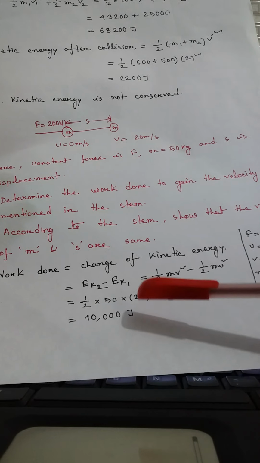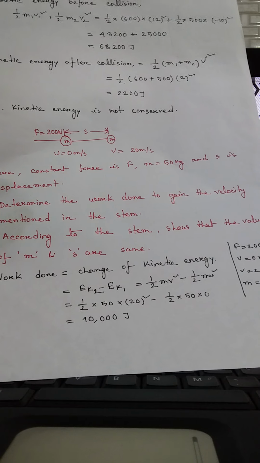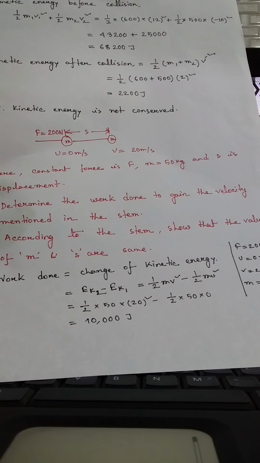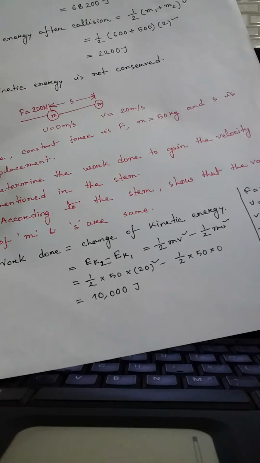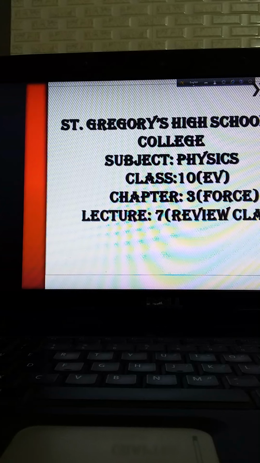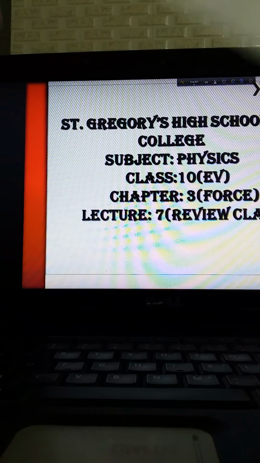Okay, then if we want to solve question number D, according to the stem, show that the value of m and s are same. So how can we determine this? Let's see. In our question, the value of m is given as 50 kg.